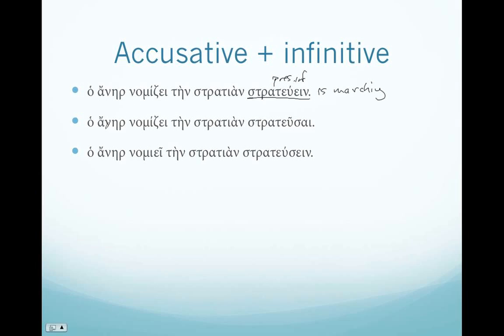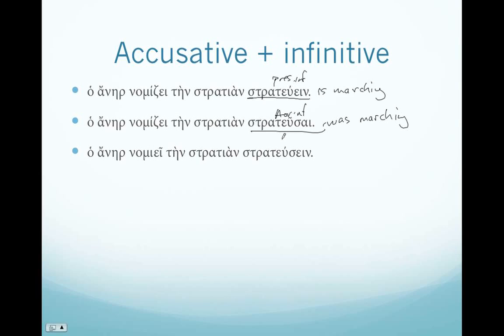In the second sentence, ho aner nomidze ten stratian stratusai, notice this is an aorist infinitive. So the man thinks that the army was marching. So in indirect statement, the tense of the verb really does refer to a certain extent to tense, that is, to time.